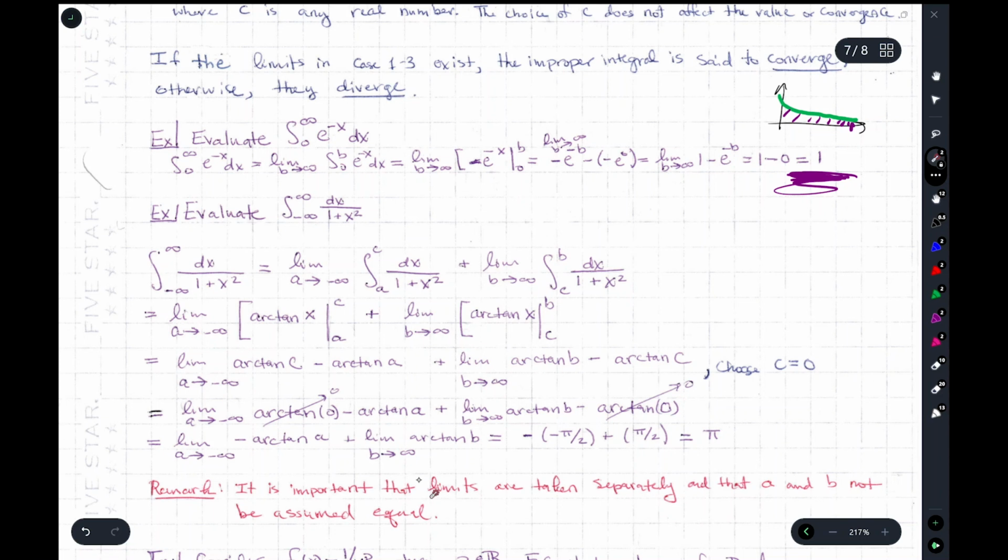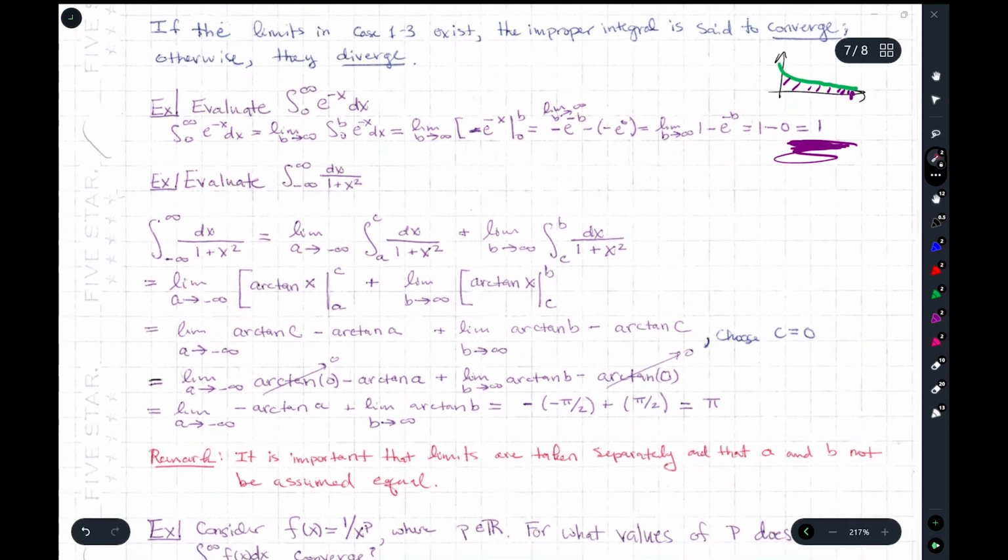And that doesn't make much sense, right? Because these limits are different. One is going to infinity, the other is going to minus infinity. And so you do want to choose a different limit. And even if the limits were going to the same place, you don't want to be so restrictive as to choose the same variable, because it means you're not just saying they're going to the same place, but they're going to the same place at the same rate, and that's not necessary.